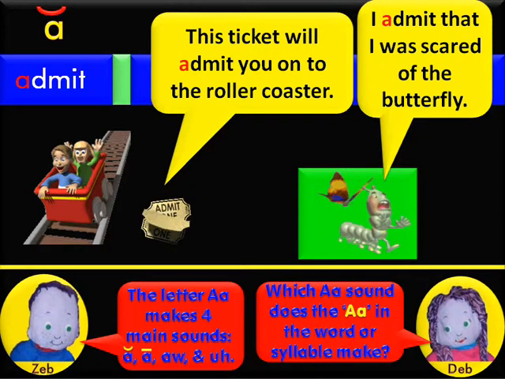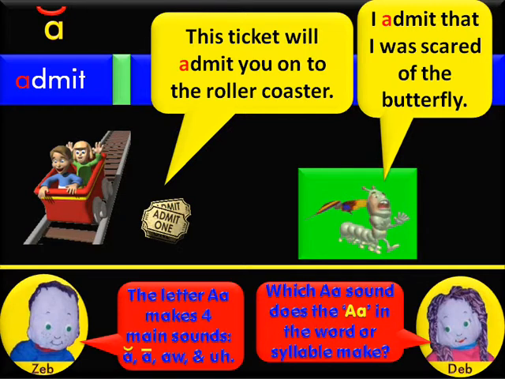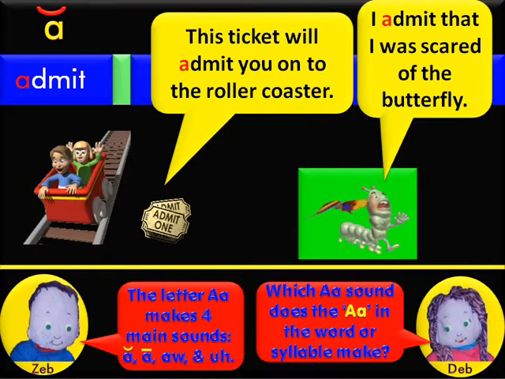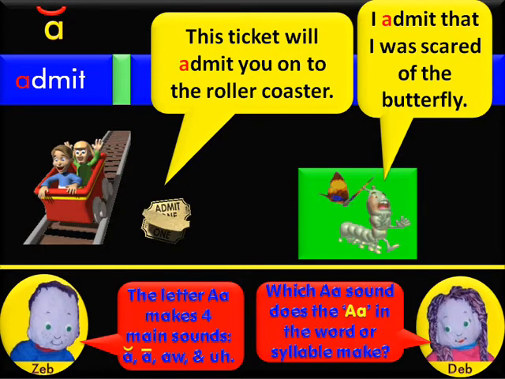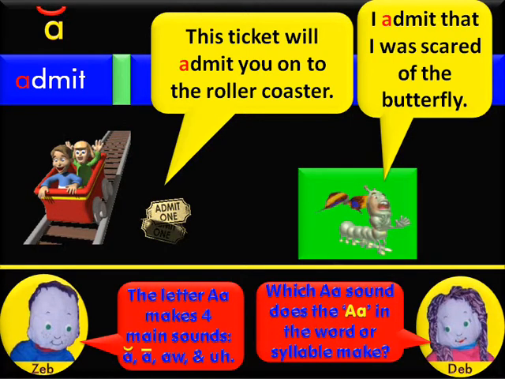Did you get it right? Well, good. I admit that you got it right. I agree. Now notice our pictures. The first one is, this ticket will admit you onto the roller coaster. And the second one is, I admit that I was scared of the butterfly. Whoa!